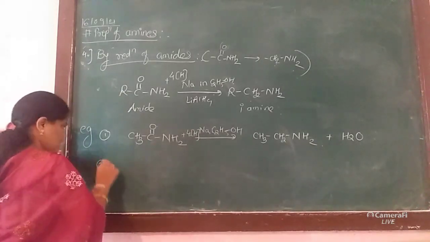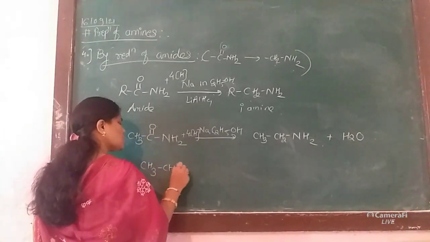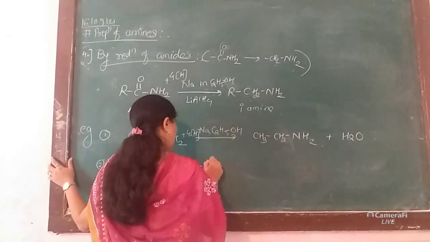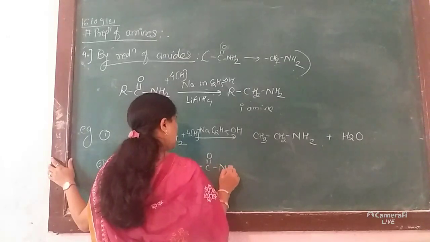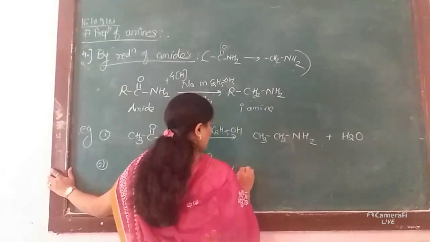Okay. Next. CH3CH2CH2C double bond O NH2, butanamide.